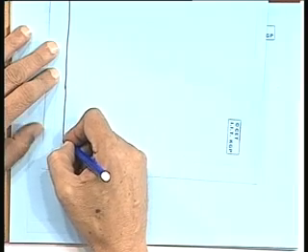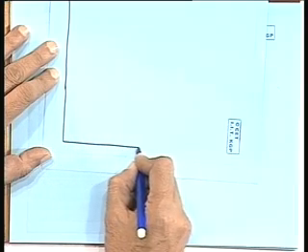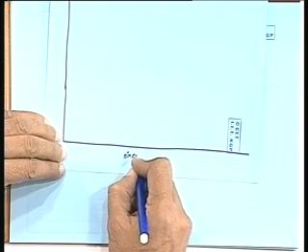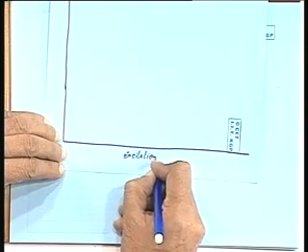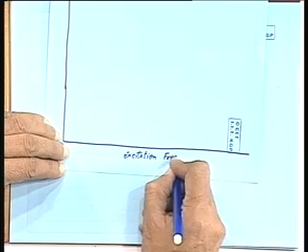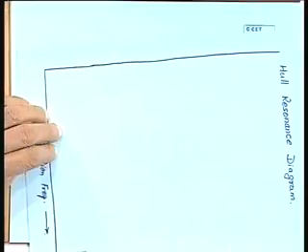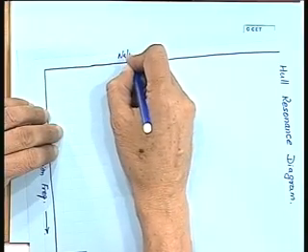Okay. So, now we try to draw this diagram, and in this diagram I am trying to plot it like this. We say the excitation frequency here, and we put the natural frequency here.